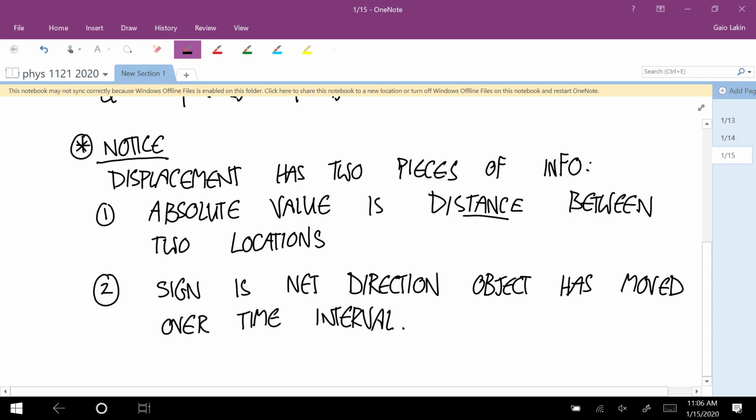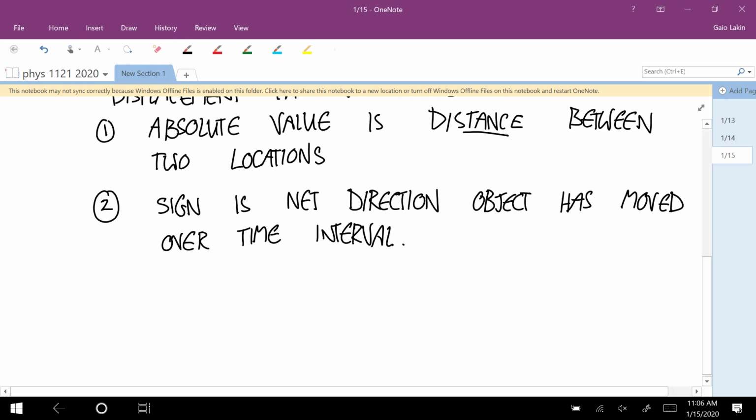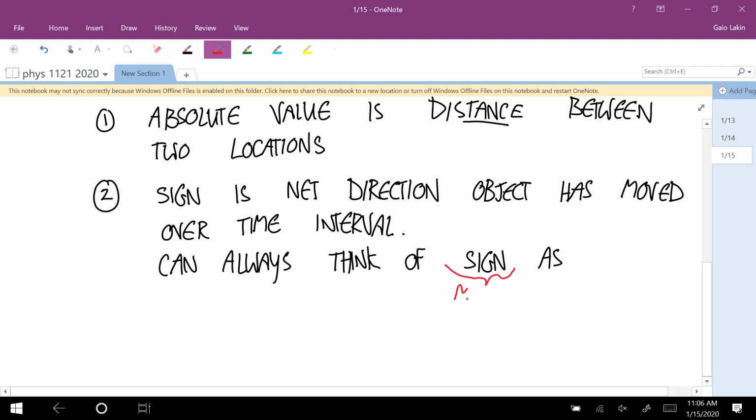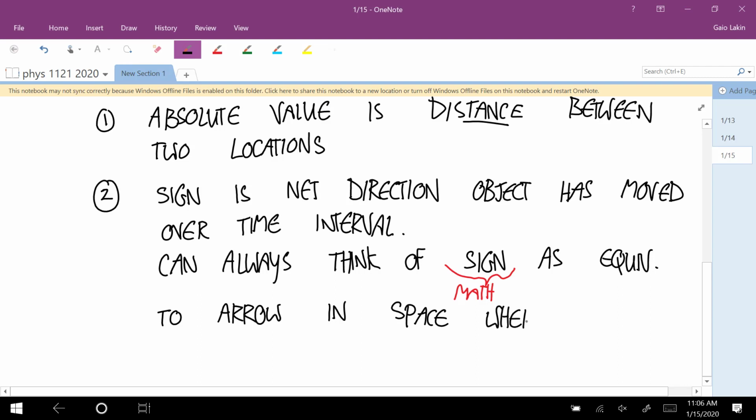Okay, so again, you can always think of the sign, which is a mathematical thing, as equivalent to an arrow in the space where the motion occurs.